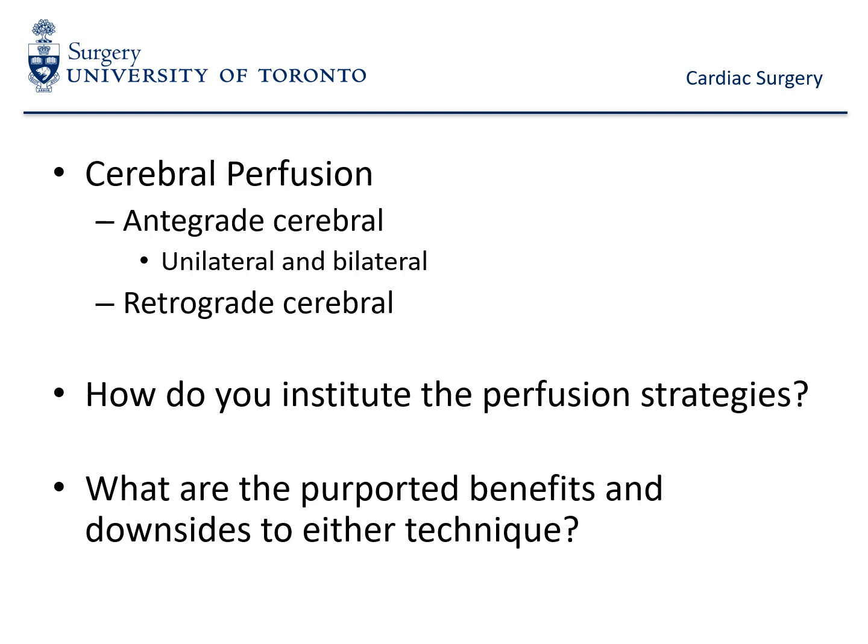Are you going to also put a balloon in the left? Or how are you going to set up your lines? If you're doing retrograde, is it with what type of cannula? Are you putting in the SVC and so on? You should be familiar with the purported benefits and downsides to either technique.